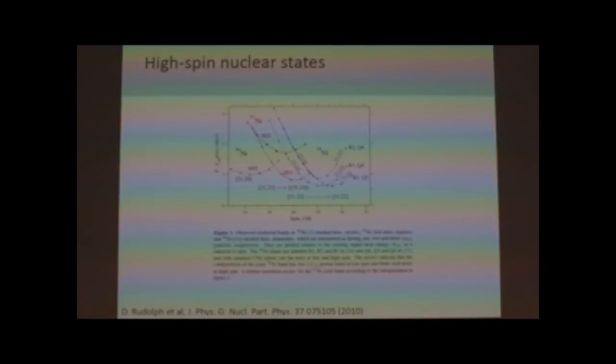Here's a more recent experiment, where experiment and theory are coming together to map out some of what these bands look like. The picture is a little bit like a molecular system. In a molecular system, you've got different states, and you rotate, and there's a band minimum at different places. Here's the same kind of thing in the nuclear states.